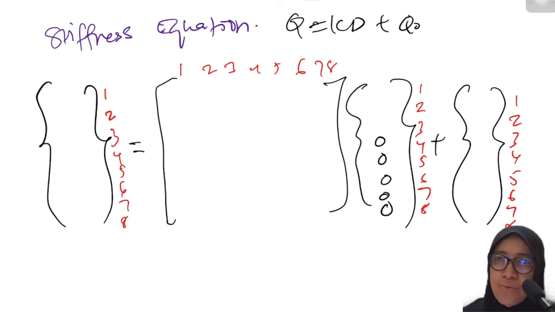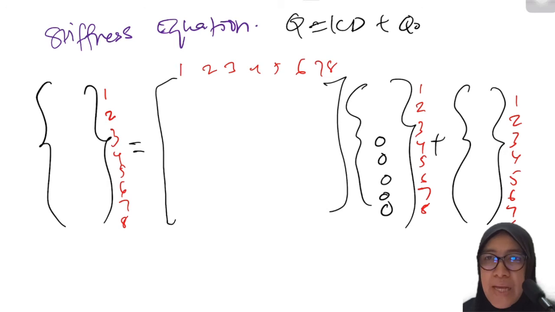So to solve for the unknown displacement, if the question doesn't ask you to give the full equation, you just have to consider the stiffness equation in unconstrained system.